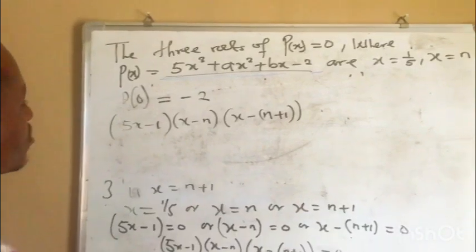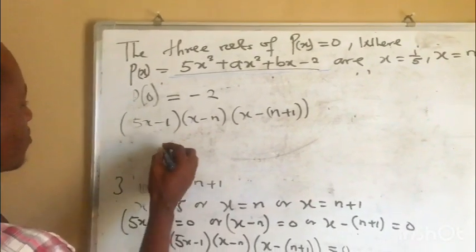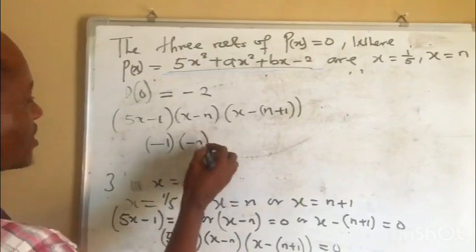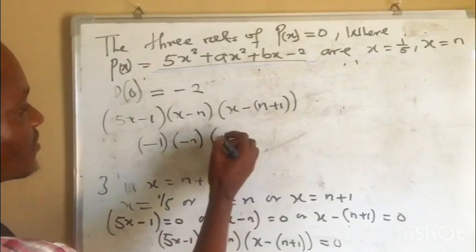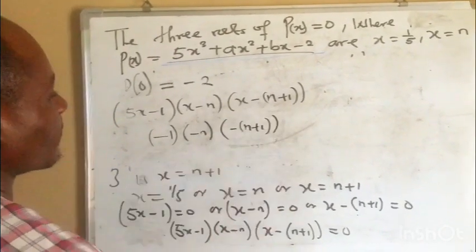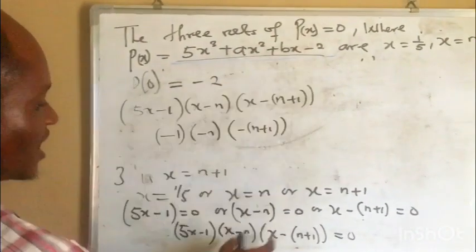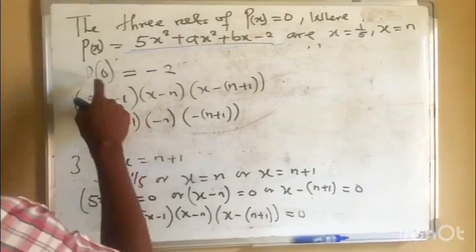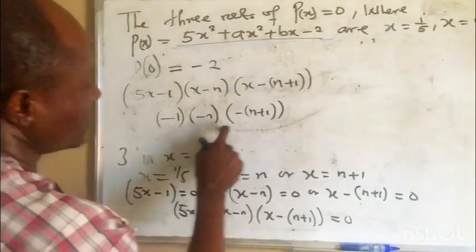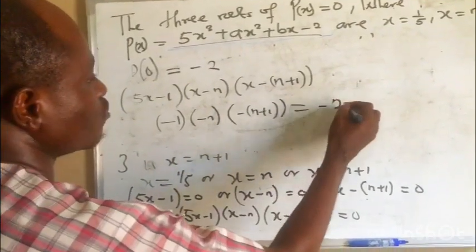I will be left with minus 1 in the bracket, minus n in the bracket, and minus n plus 1. Since this polynomial has this root, and the p of 0 of the given one is equal to minus 2, the p of 0 of this one also has to give us minus 2.